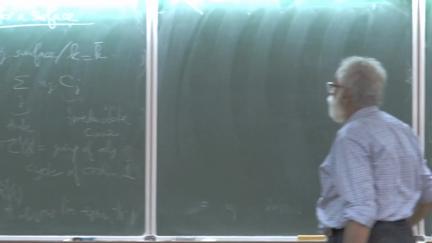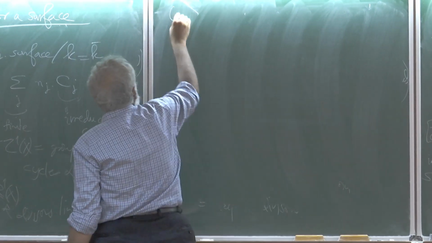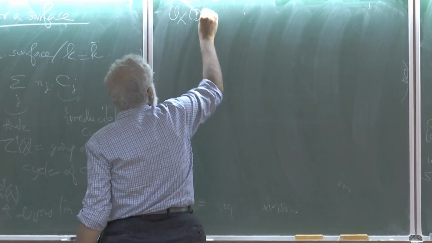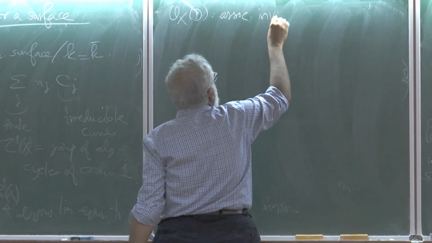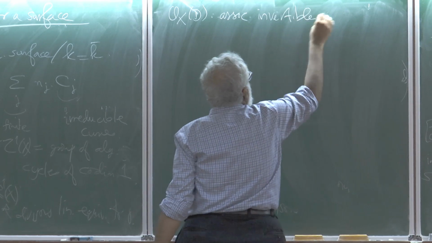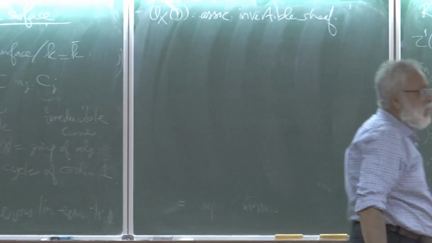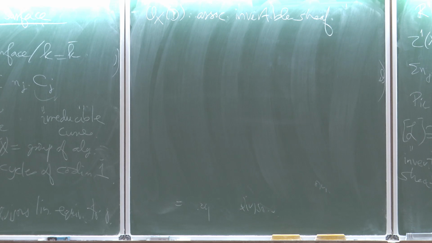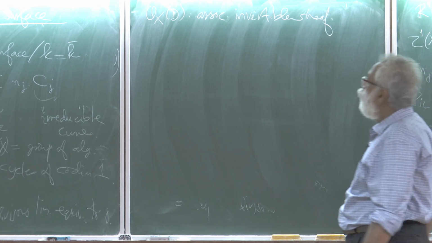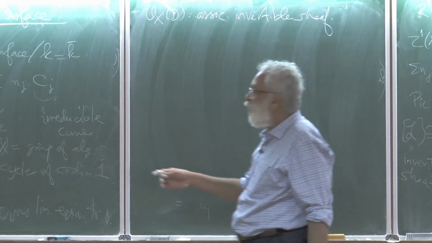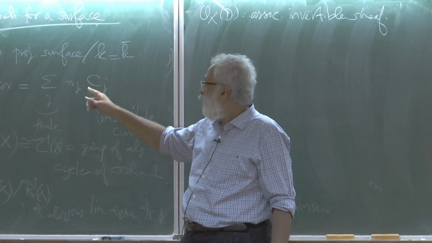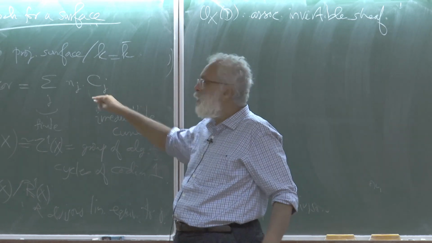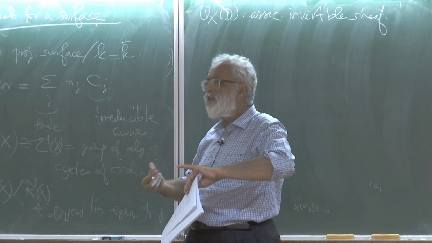I still have invertible sheaves associated to such divisors. I won't try to write down directly the sections. It will be given by functions. Sections over some open set would be the functions whose poles and zeros are governed by these coefficients n_j. But if you think carefully, that condition sort of makes sense at the generic points of the C_j.